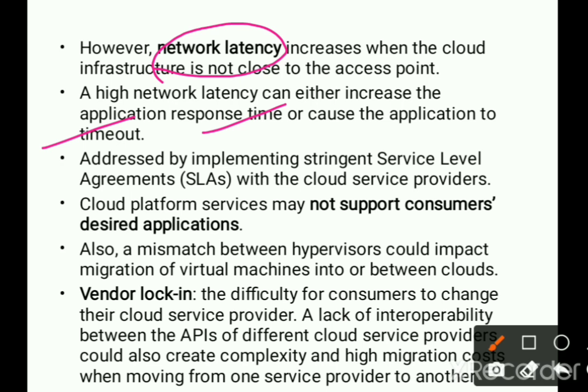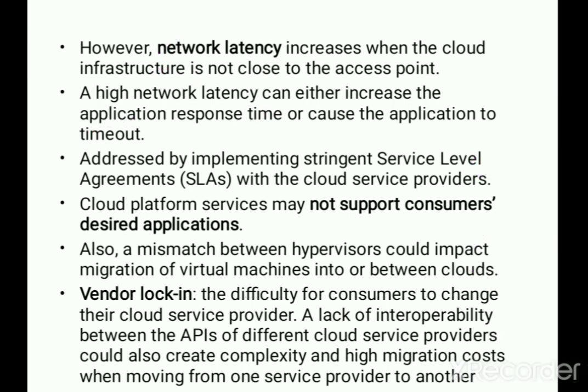So for the service agreements, the consumer has to make sure that the provider is providing the services as requested by the consumers, and that whenever a consumer requests the data, it should be available and also secure. The cloud service provider can't say that the data is not available at this particular period of time.